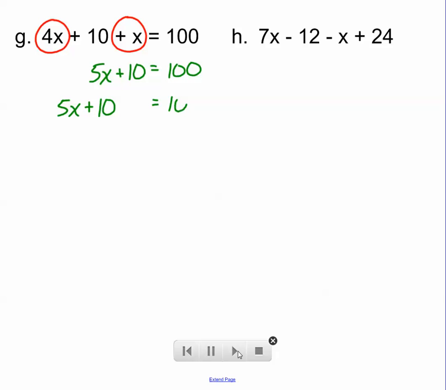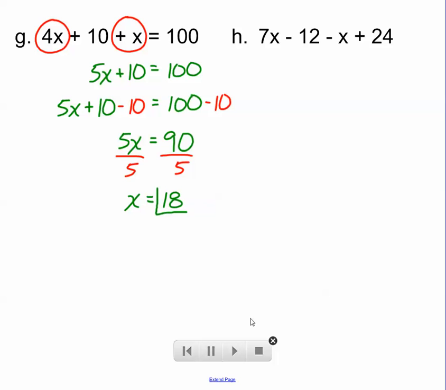I'm going to subtract 10 from both sides so I can get 5x by itself. 5x equals 90. And then I'm going to divide both sides by 5 so I can get x by itself. 18.